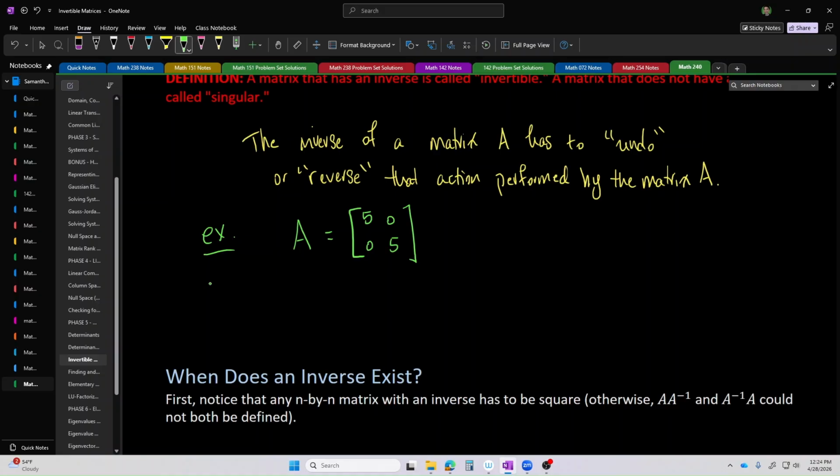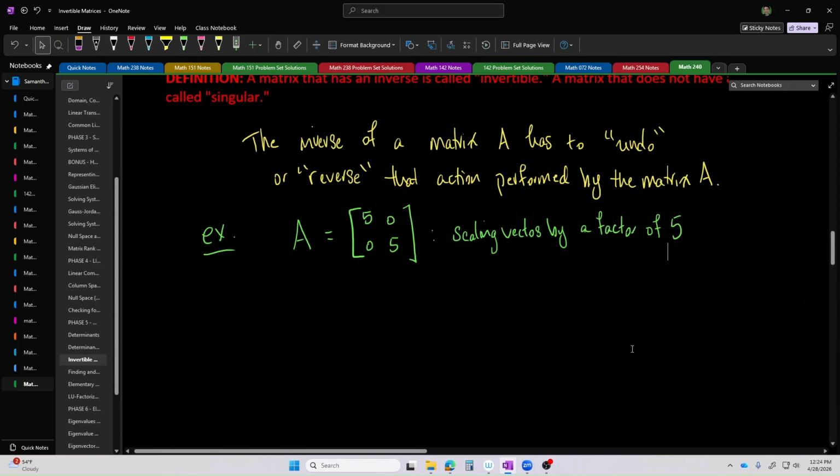For example, let me consider the matrix A, whose entries are 5, 0, 0, 5. I recognize this matrix from the work that we did at the beginning of the class. This matrix A would perform the action of scaling vectors by a factor of 5. So this matrix A is going to make vectors 5 times longer than they were originally.